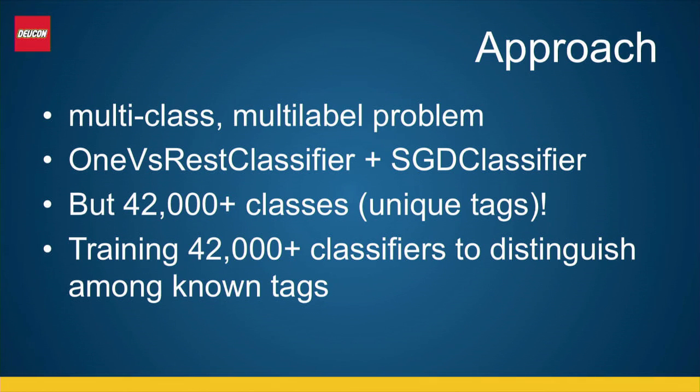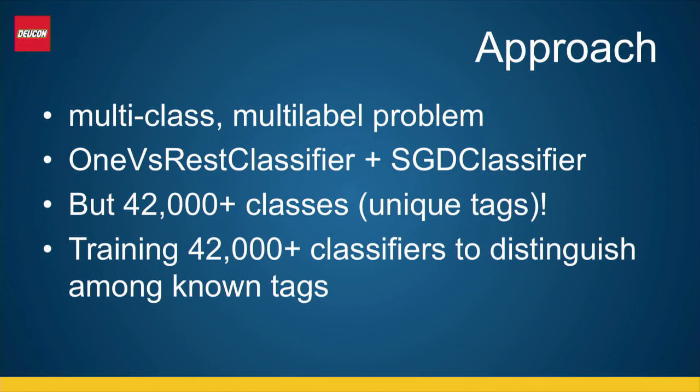When you think about this a little bit, you realize that this is a multi-class, multi-label problem. With multiple classes, a post could be in any number of classes or be associated with any number of tags. And each example could have any number of labels. In this case, we're going to constrain it to 5.